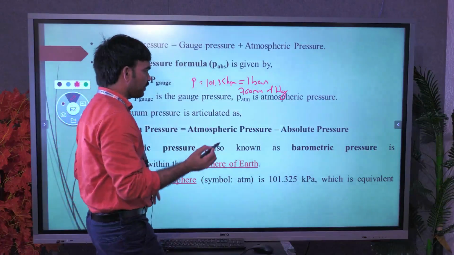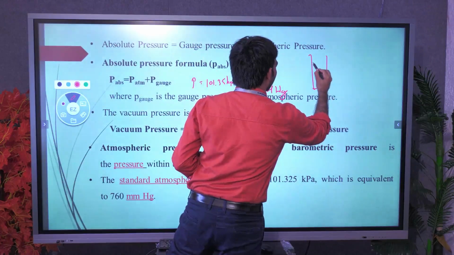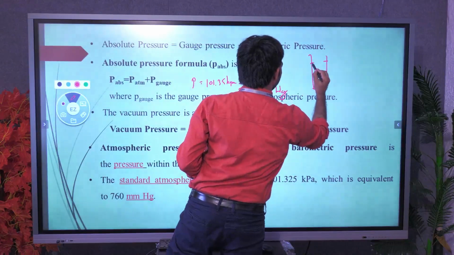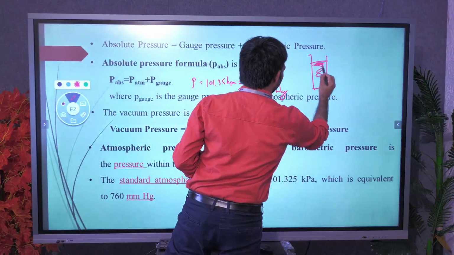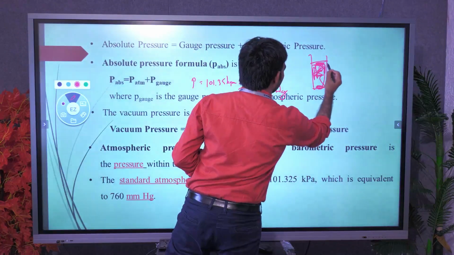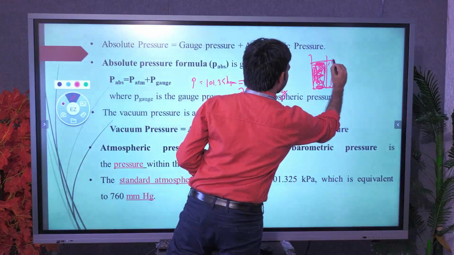For example, if you take a vessel or container filled with mercury, the height of this mercury column is 760 mm.